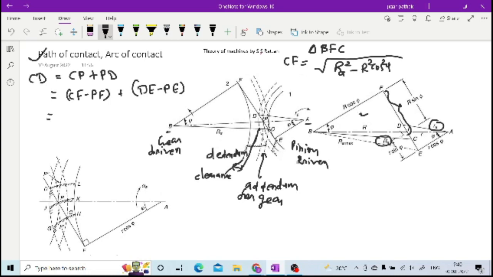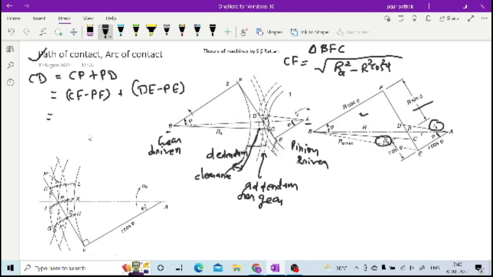Similarly, what is PF? If you see here, actually this P is not that visible. Now what is PF? This PF is nothing but R sin phi, as mentioned here, right, R sin phi.